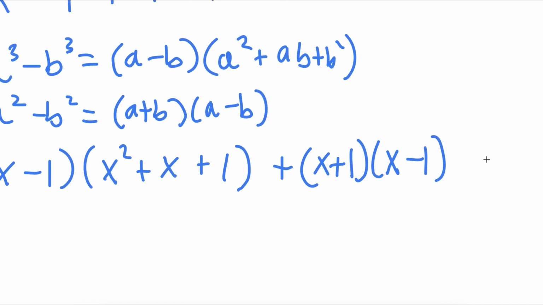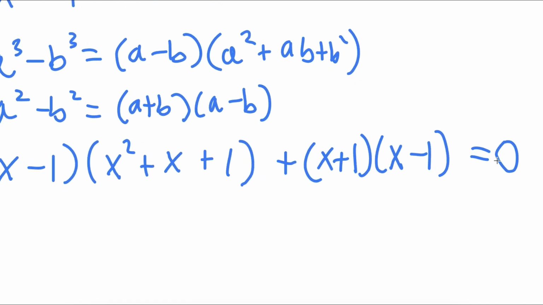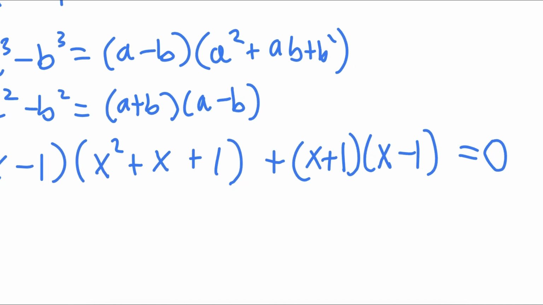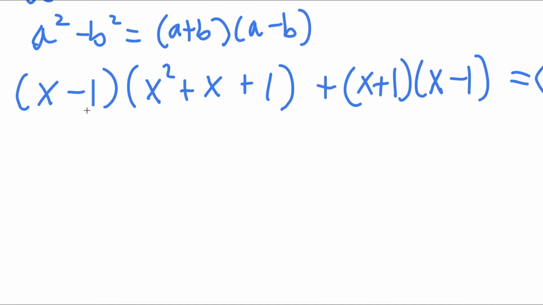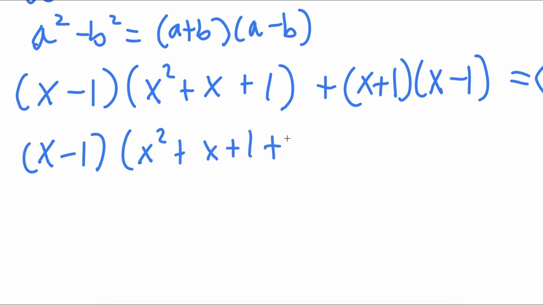And this is all equal to 0. So now, if I factor out x minus 1, I get x minus 1 times x squared plus x plus 1 plus x plus 1 is equal to 0.